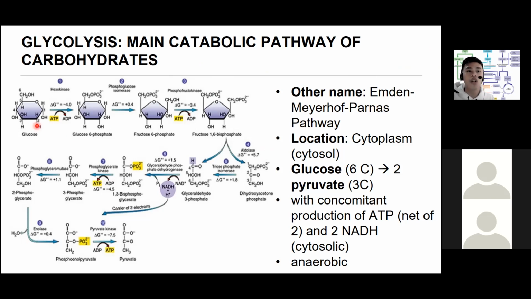It occurs in a 10-step process. And like I mentioned, I don't require you to memorize the 10 steps of glycolysis because it's impossible to do so, especially since we no longer have the benefit of time. So in our discussion of glycolysis, we will only focus on the chemical reactions or steps that are very important in energy production.